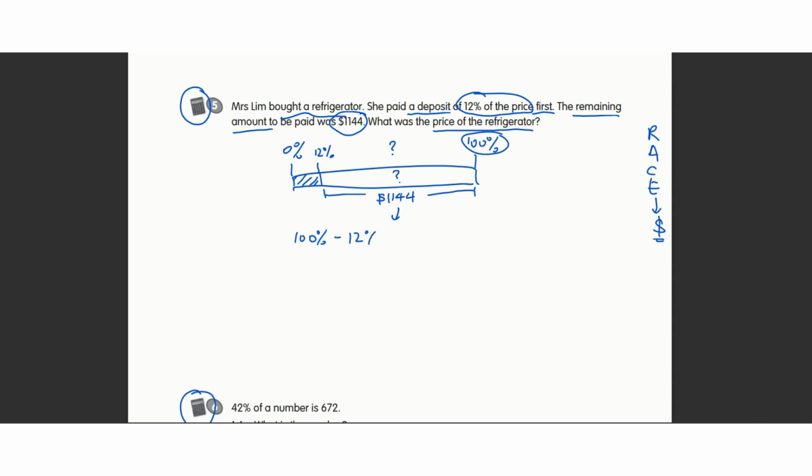So that's the part that is remaining amount. So this is the part that she paid first. That's called the deposit. Deposit means you pay part first, and then that's the remaining. And this is equivalent to $1,144.